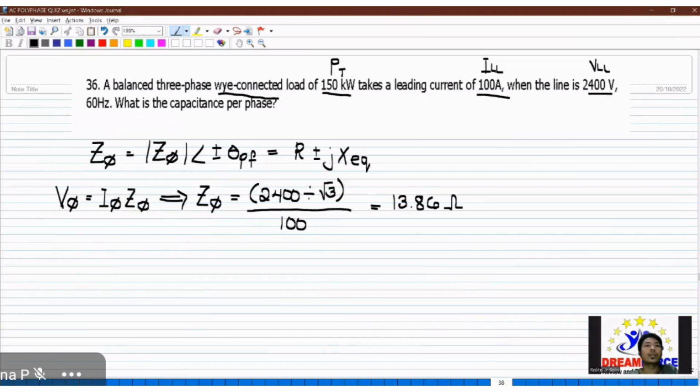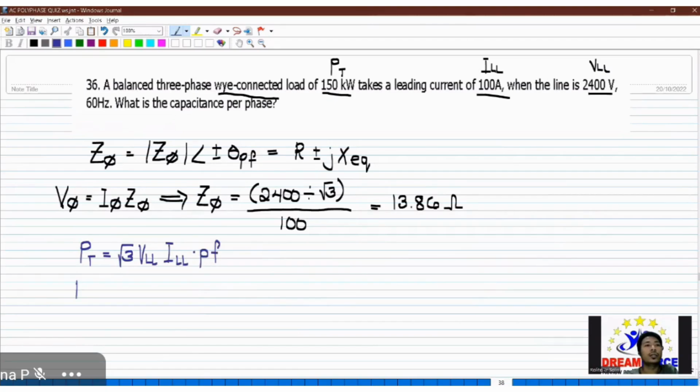Next one is to get the power factor. As we can see in your given, there is just one way to get the power factor, by means of your total power. So using your formula, we have your total power equivalent to square root of 3, times your line-to-line voltage, then line-to-line current, then our power factor.